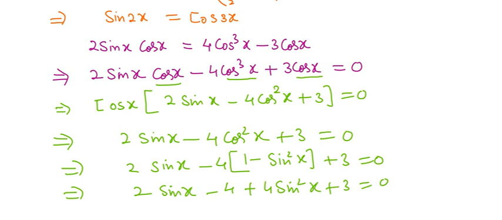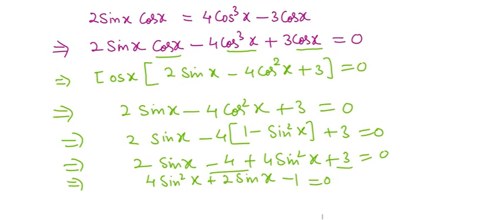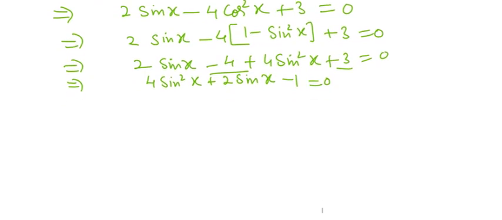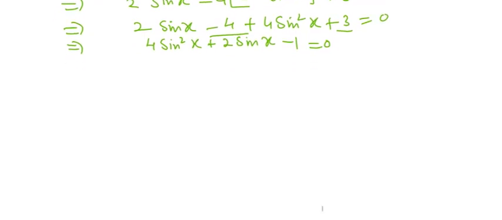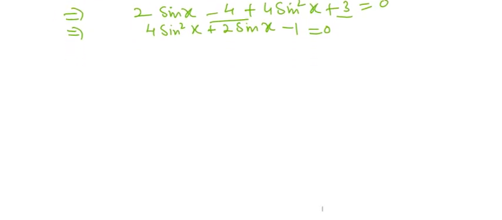We will arrange this step like this. This is 4 sin square x plus 2 sin x. This is minus 4 and this is plus 3, that is minus 1, is equal to 0. It is a quadratic equation. We have to use the quadratic equation here also.